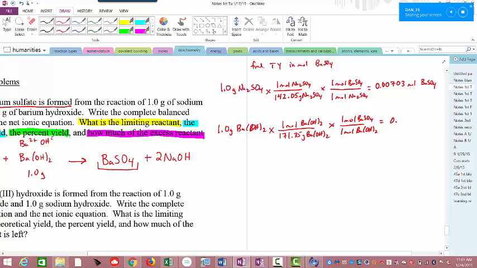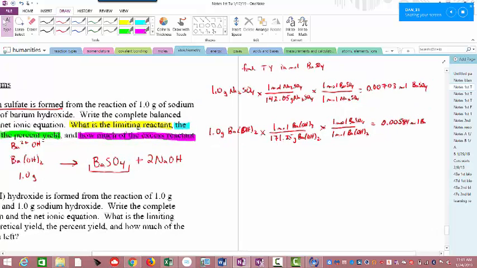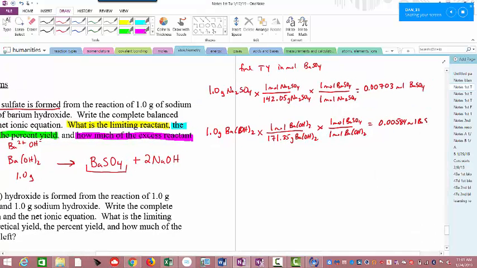And we get for this one 0.00584. Okay, so which one is our limiting reactant? Barium hydroxide is our limiting reactant because it made less product.